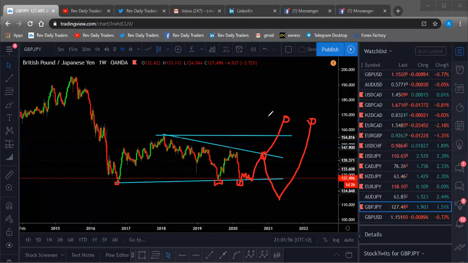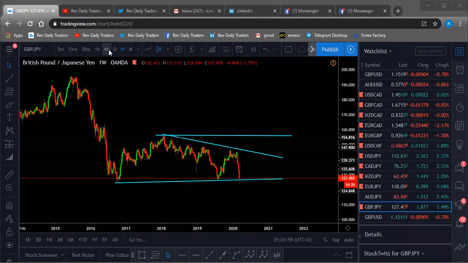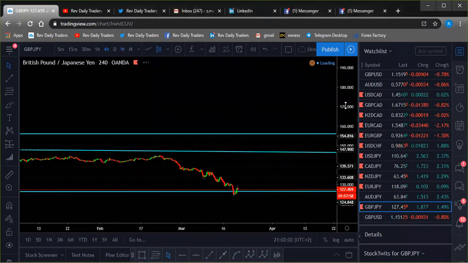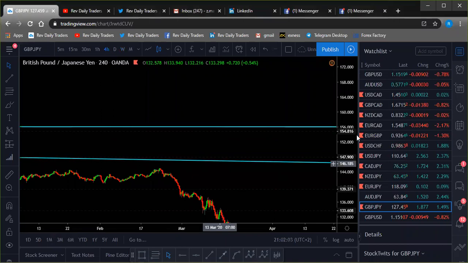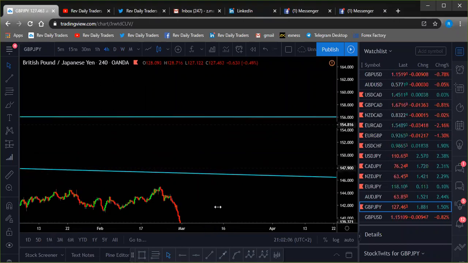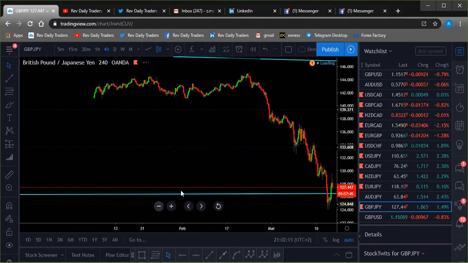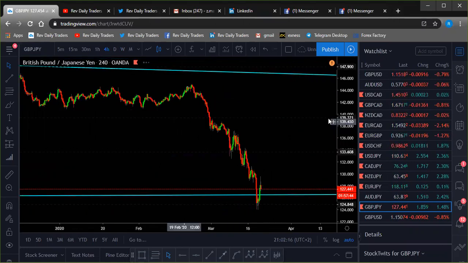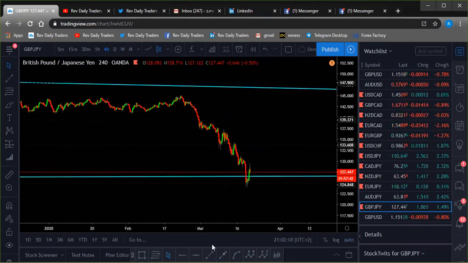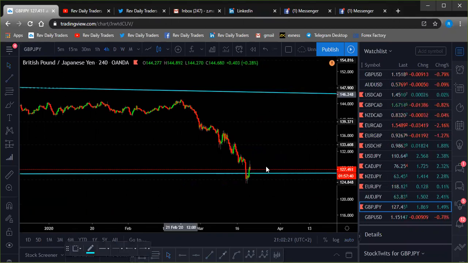Then if we go to a lower time frame to see if it is ready or not, it's going to tell us, okay? Then take this one, put it there.